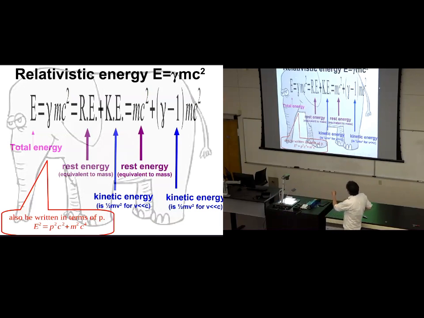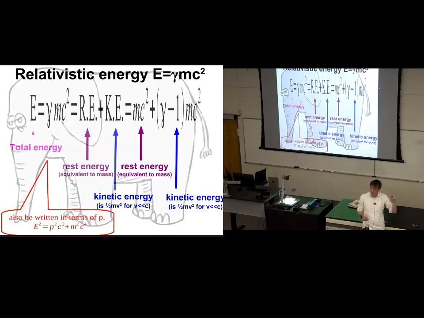This total energy, this left-hand side of the equation, is often broken out into two distinct parts with physical significance. One, RE, that's rest energy. That's an energy owned by the particle when it's just sitting on the desktop, or the mouse when it's standing there at rest, or the elephant when it's standing there at rest. And then the second part, KE, well, you know that's the kinetic energy.